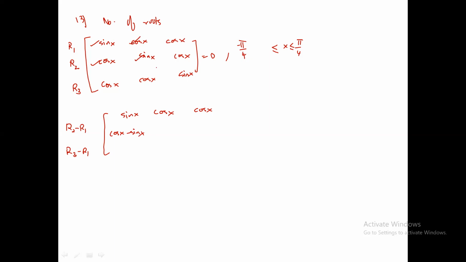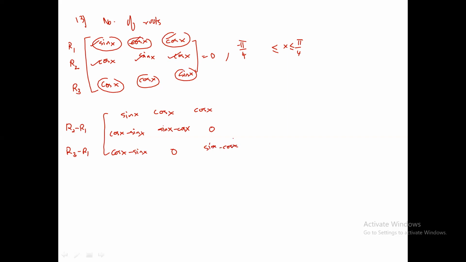Row 2 minus row 1 will give me sin x minus cos x. And cos x minus cos x is 0. Similarly, row 3 minus row 1 will give me cos x minus sin x. Cos x minus cos x is 0 and sin x minus cos x here equal to 0.